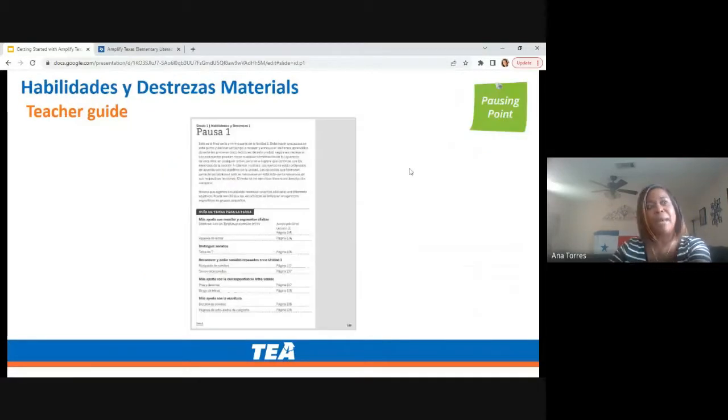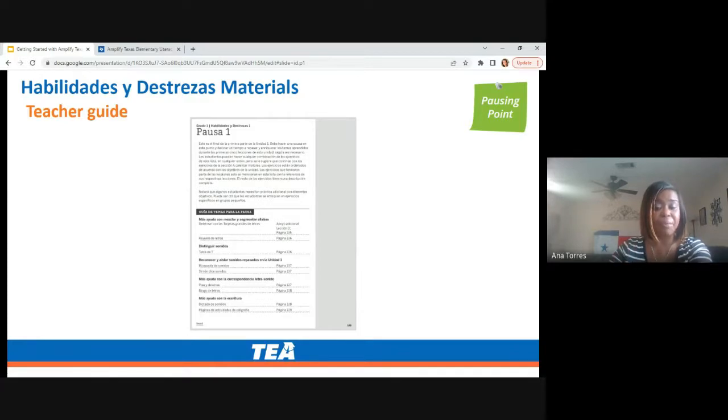Remember that I talked about pausing notes. So your pausing notes are going to be after the last lesson in the teacher guide. And the pausing notes section includes pausing points, which are days where you have opportunities that teachers give students for targeted enrichment and/or remediation instruction to solidify those skills that have been taught within the unit.